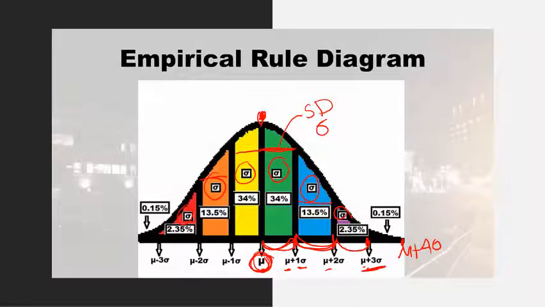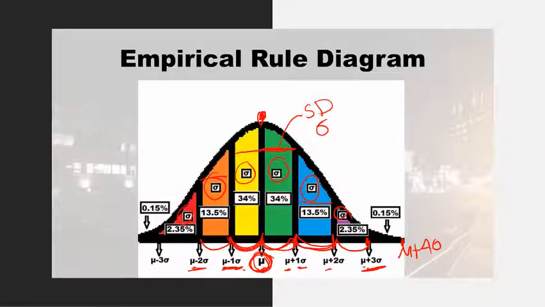And same thing going the other way. We have our mean here, and then if we go over here, we have our mean minus 1 standard deviation because we're going backwards, so it's less than. Now this one is the mean minus 2 standard deviations because we moved over twice.